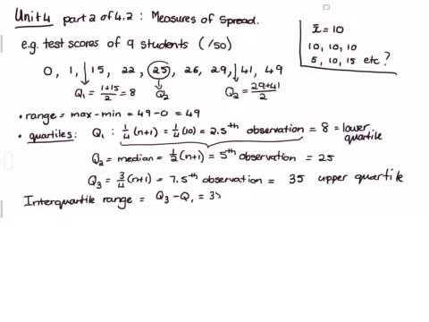So it is your 35 minus 8, 27. That tells you that the middle half of your marks, the middle 50% of your scores, was spread over 27 marks. Or you could say the middle 50% of your scores are between the values of 8 and 35.